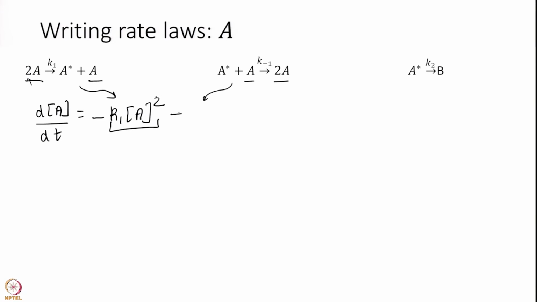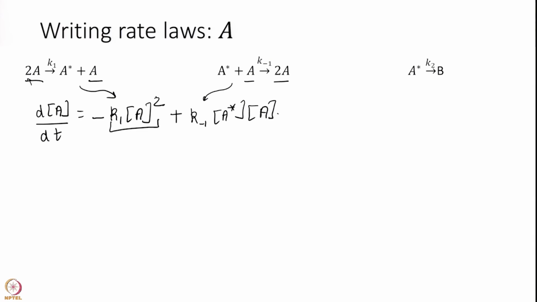Here, correspondingly I will get a plus, because for every mole of A that is consumed, 2 moles of A are being produced. So, in effect 1 mole of A is being produced, and I blindly write the rate constant into the product of reactants.